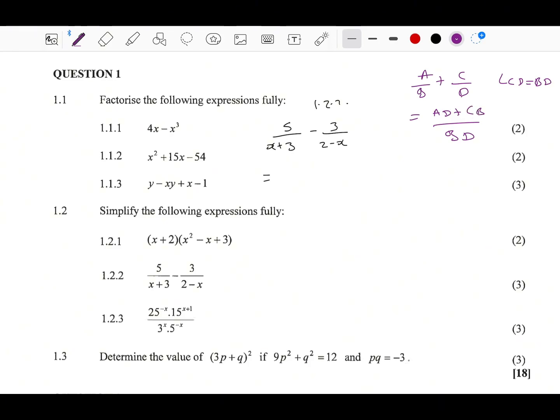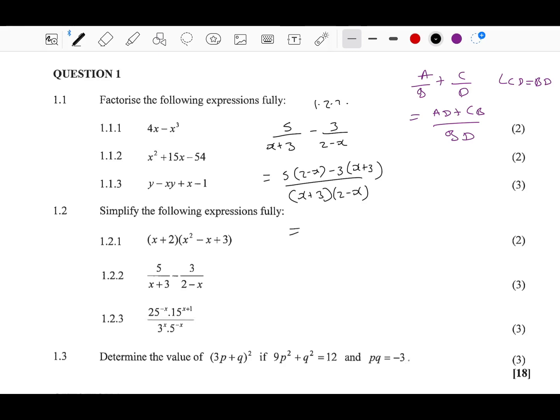That's basically how you would simplify this expression. Find the LCD, which is b times d, and then the expression will be a times d and c times b over bd. So we're doing the same thing here. The lowest common denominator is x plus 3 times 2 minus x. And then you're going to have 5 times 2 minus x minus 3 times x plus 3.